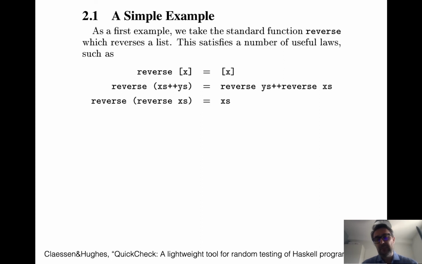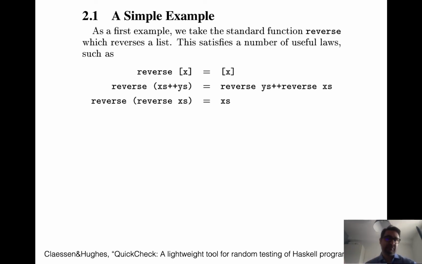Here you can see some general laws that we expect this function to have. It's in Haskell syntax, so it might look a little different to you, but I'll show that the ideas are simple. The first row says: if we reverse a list, array or sequence with only a single value in it, then we get back the same thing.